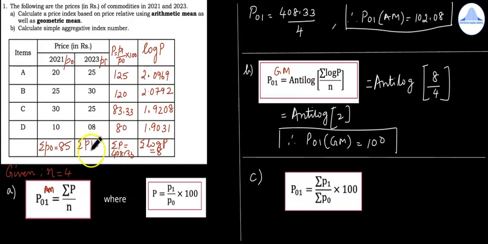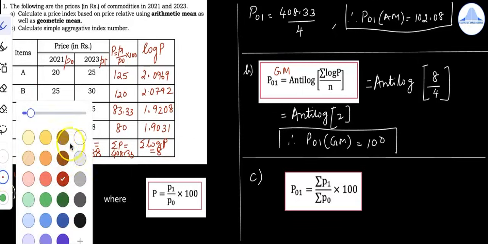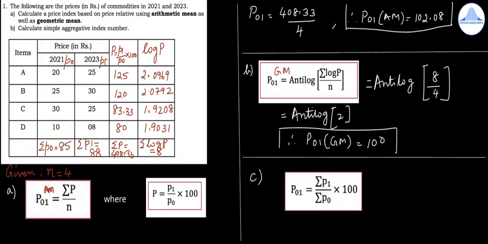So summation P1 is equal to 88. So now substituting in the formula, we will get summation P1 is 88, summation P0 is 85 into 100. So therefore you will get P01 is equal to, you can take two places after the decimal after rounding off, 103.53.